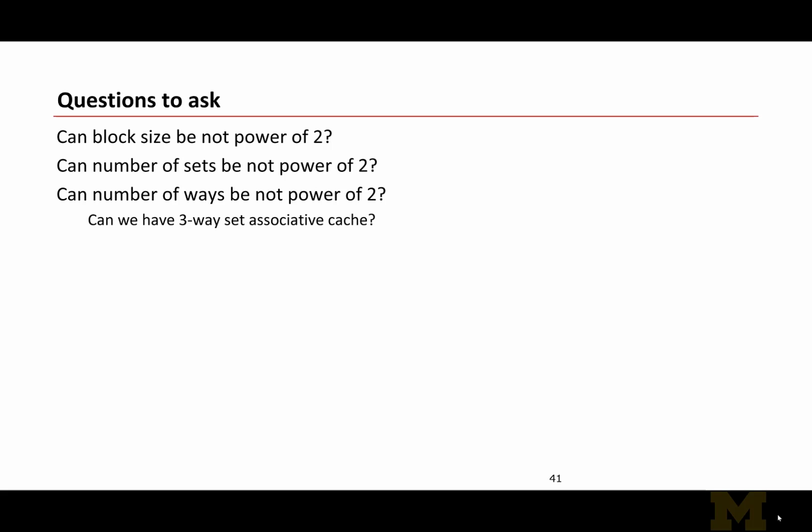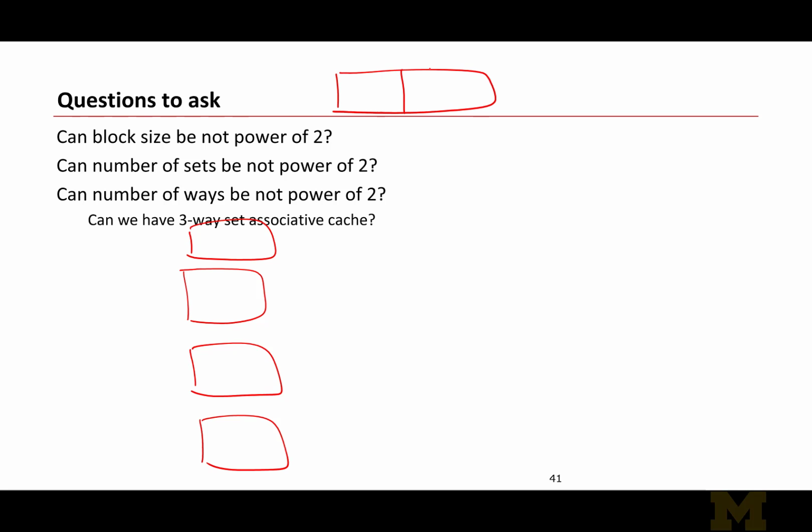The way to think about it is, let's say I had 4 sets, which means that I would have defined the number of bits in the set index to be 2.